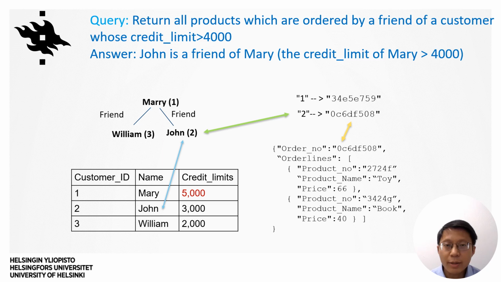So we need to access this key-value data, and then we access this order information by John. Then we need to return all the products, which include toy and book, ordered by John. Therefore, in order to answer this recommendation query, we need to integrate these 4 types of data together.